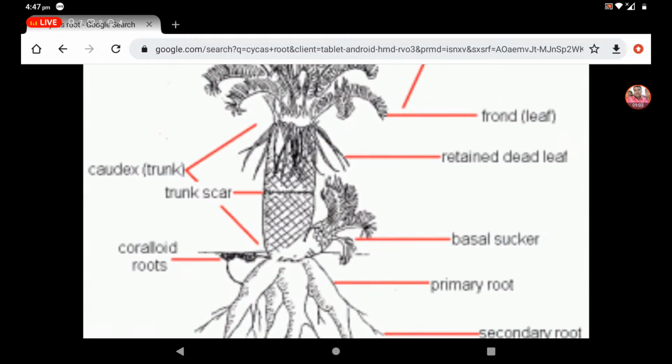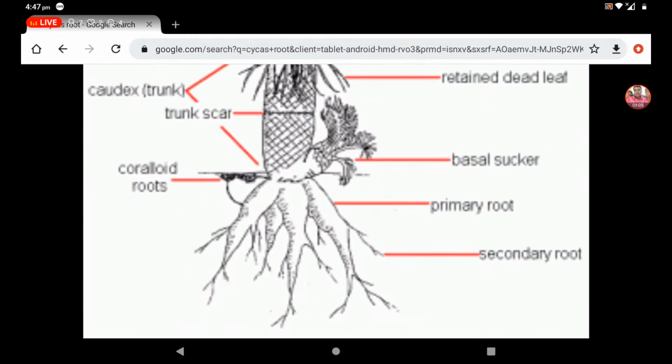Such roots are called coralloid roots. So the root system is a taproot system, and particularly in cycas it also has coralloid roots.